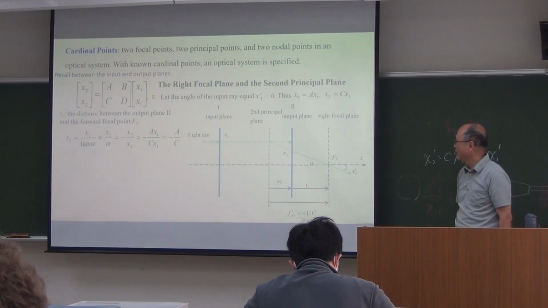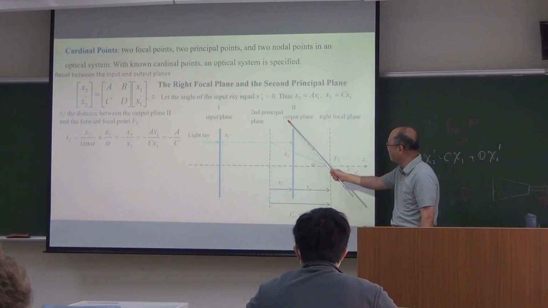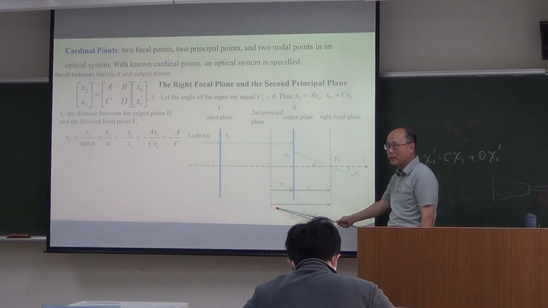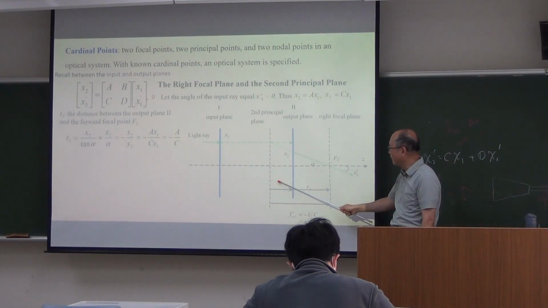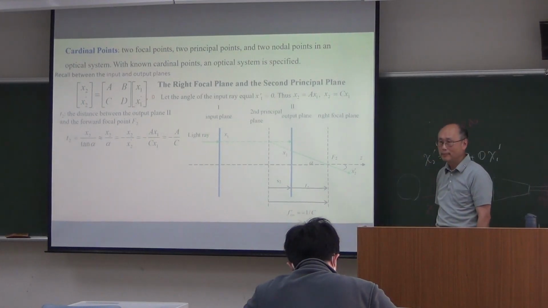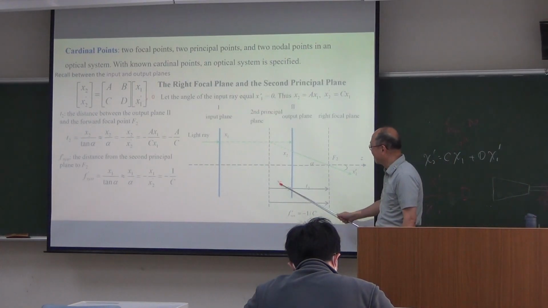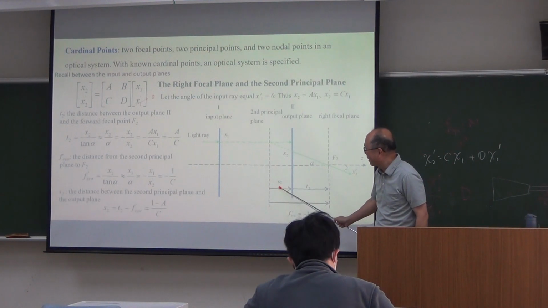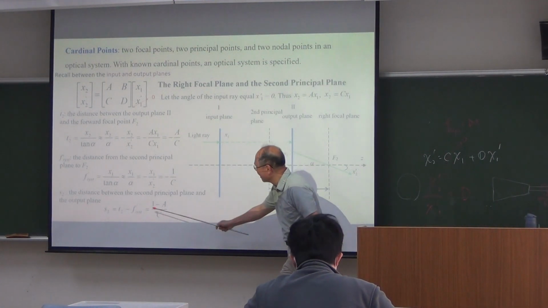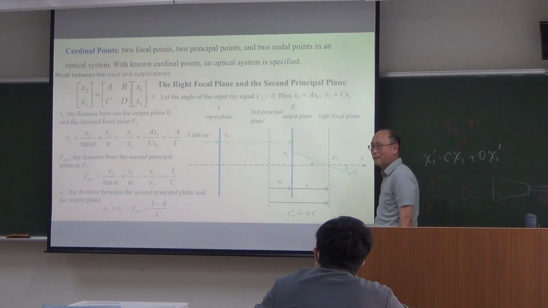Okay, and if you want to figure out the imaginary plane inside that gives you the right distance of your focal length, then you need to figure out this S2. From the geometry, you can further calculate this S2, given by T2 minus this value, and then you end up with this result.